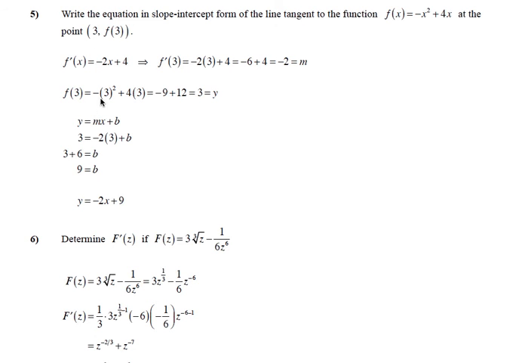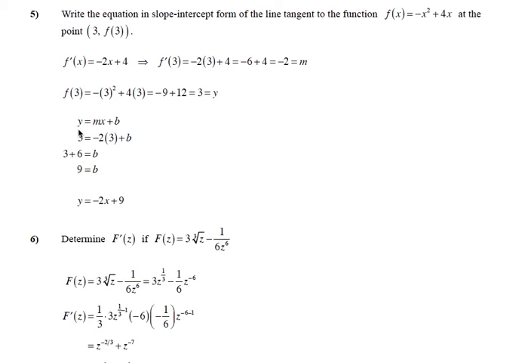So f of 3 means that wherever we have an x, we put a set of parentheses, and inside the parentheses we insert the 3. 3 squared is 9, but it's negative 9 because this negative is outside the square, and 4 times 3 is 12. Negative 9 plus 12 is 3, so that's our y value at that point.